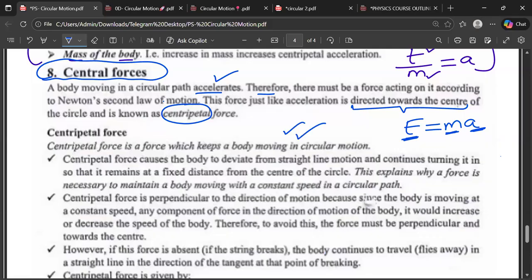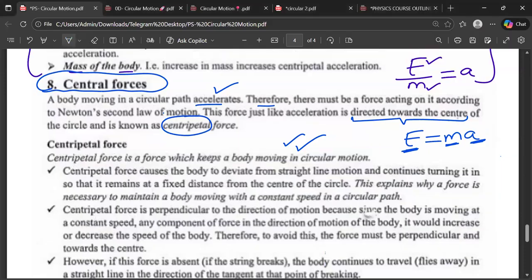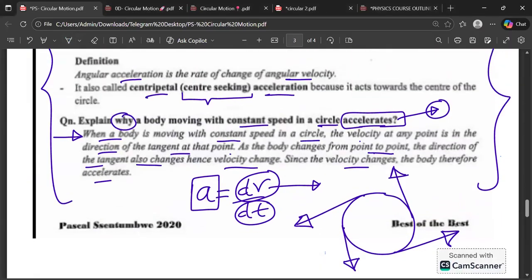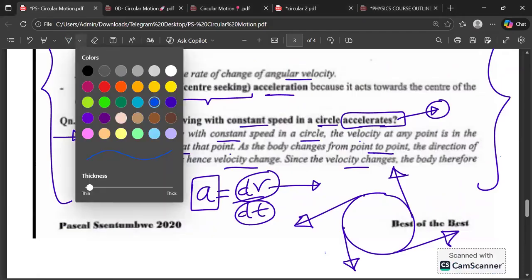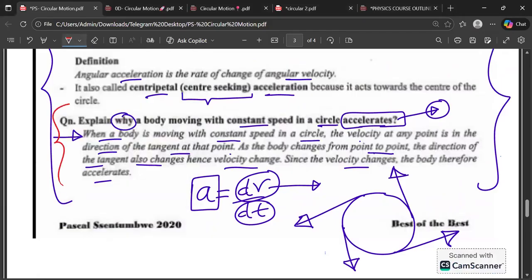Yes, Jovan? You were too fast. I'm not understanding about the central forces, the first statement you made, that my body is moving in a circular path, it accelerates. It is here. Did you get this question? You read this question. Are you seeing this question?